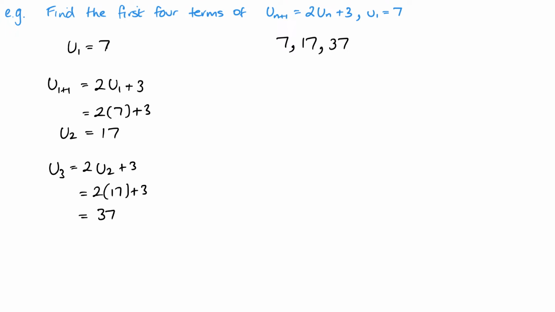We just need one more term, so u 4 is 2 lots of u 3 plus 3. So that's 2 lots of 37 plus 3. 2 37s are 74 plus 3 is 77. And there we have my first 4 terms.